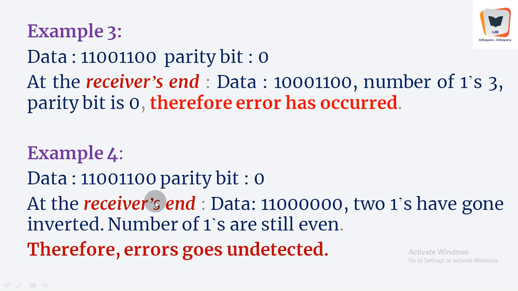Therefore, see here, once again I repeat, here it is the even parity bit scheme and this is 0, and at the receiver's end multiple bits, that is 2 bits, get inverted, 2 ones get inverted, let us assume. Still it's an even parity, and the parity bit indicates 0, therefore the receiver is misguided.